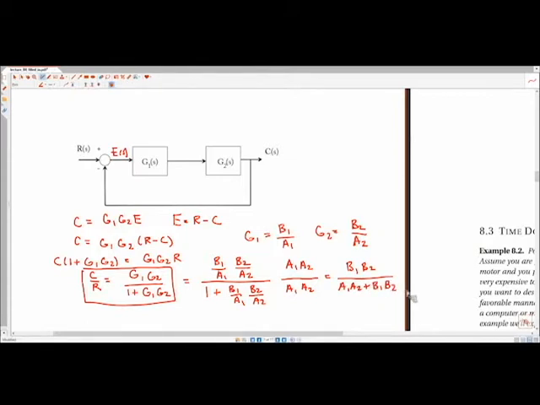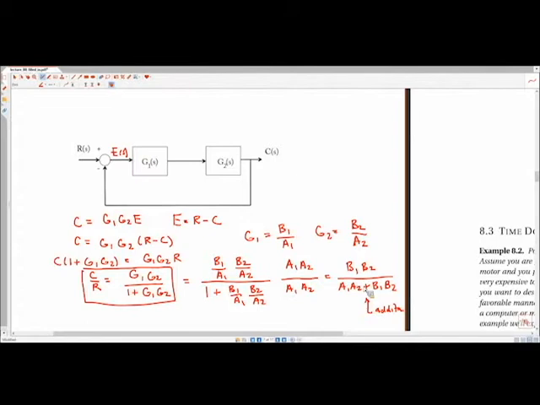So if we had a system in which the poles of the plant were in the right half plane, via the fact that we have addition here, I can now change the poles of C over R such that they are in different locations.